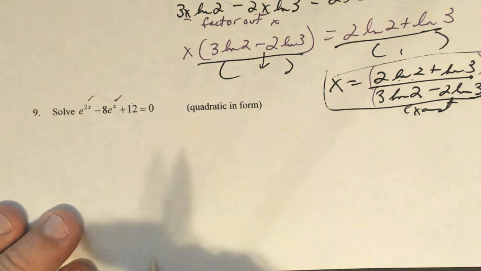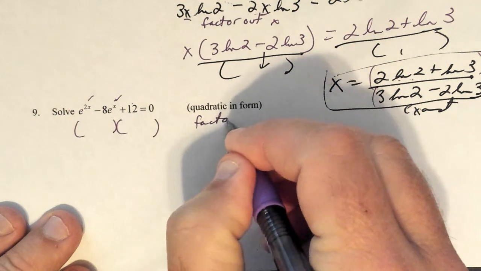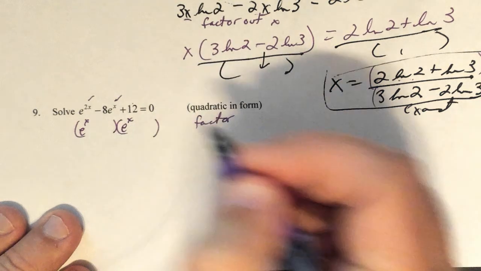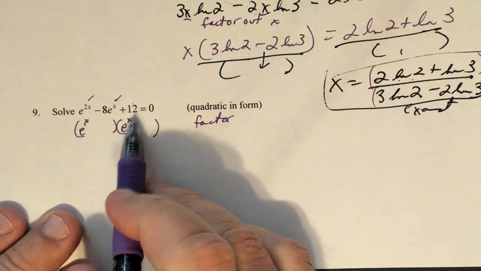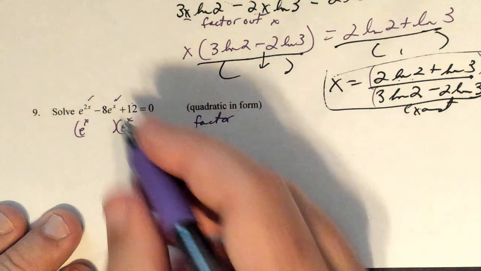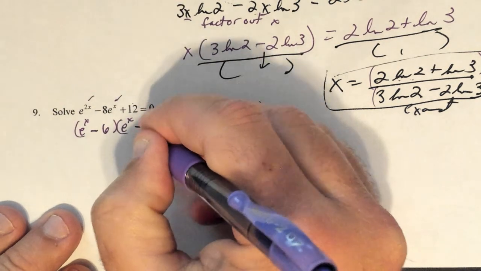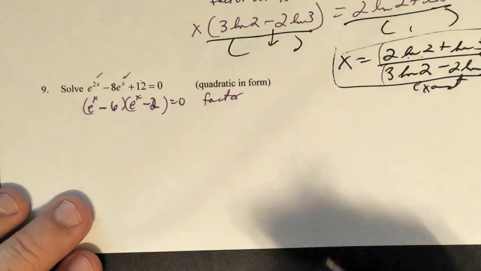So, since it can factor, I'm going to do e to the x, e to the x. That was our rule. And then what multiplies to 12 that adds up to negative 8? Well, that would be negative 6, negative 2.